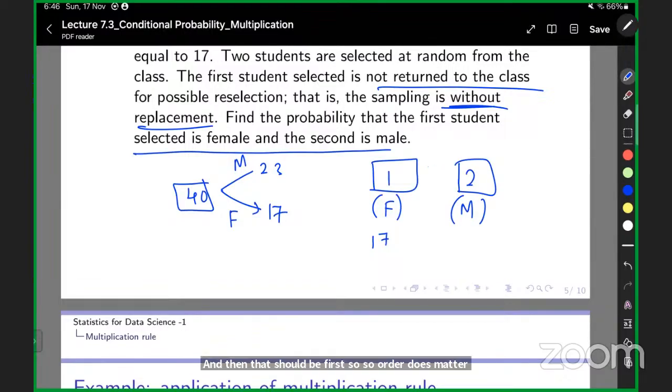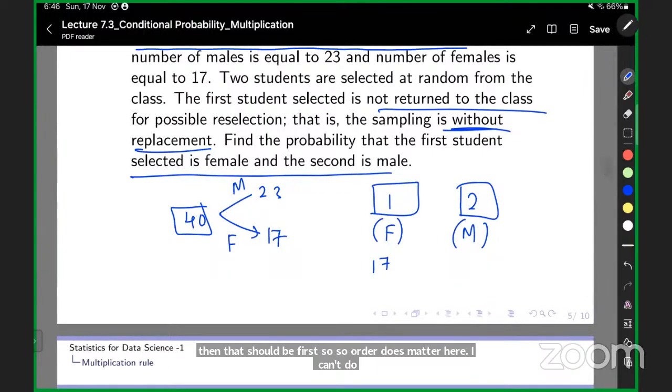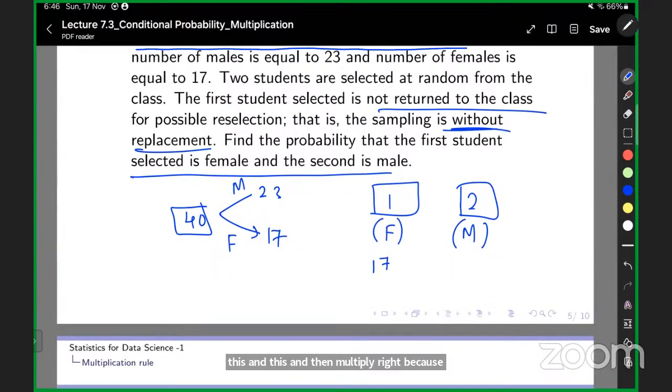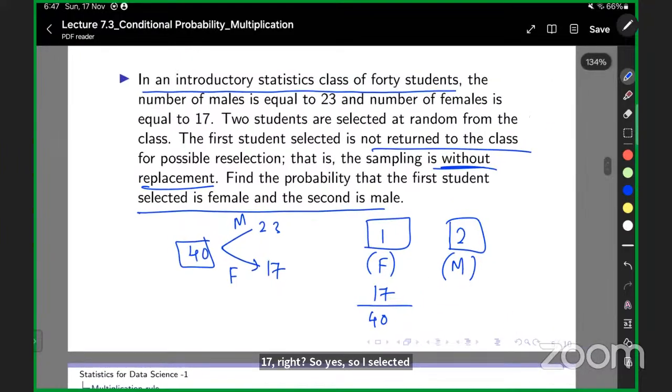I can't just do this and this and then multiply, because whatever I do first will affect my next task. So I have to choose a female out of 40 students. How many females are there that I can choose? 17. So I selected the first of my 2 students.